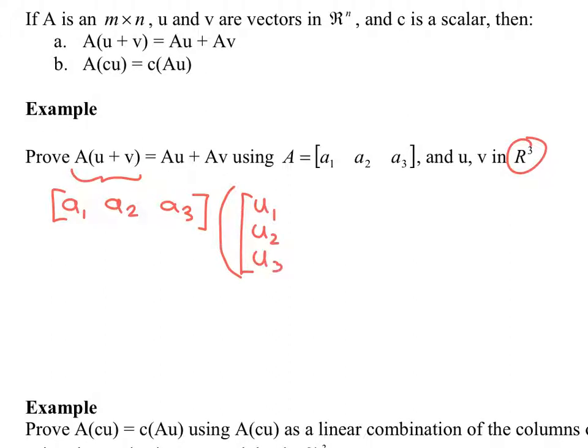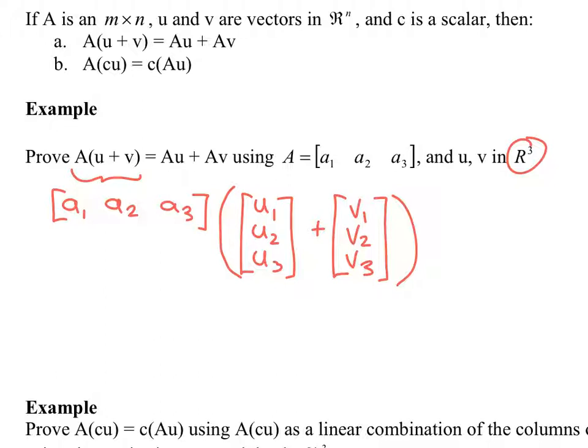I know it would have 3 entries because it's in 3 space, which would then be added to V1, V2, V3. So I'm just working the left-hand side. You could work the right-hand side if you want and make it correspond with the left-hand side. It's up to you. But I'll just pick a side and start working.